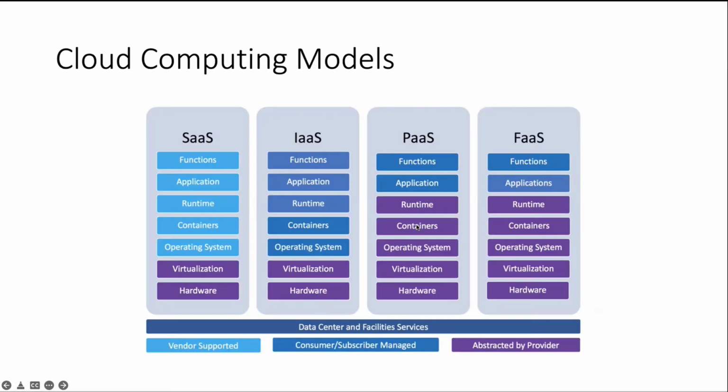Let's go and talk about the distribution model of cloud computing or cloud services. It can be classified into multiple different types. When I talk about hosting my service on cloud, which category does it fall under, and how are we going to demand the kind of service that is required for our need? So if you see at the bottom, you have data center and facilities services.